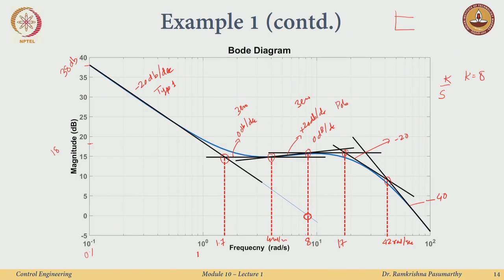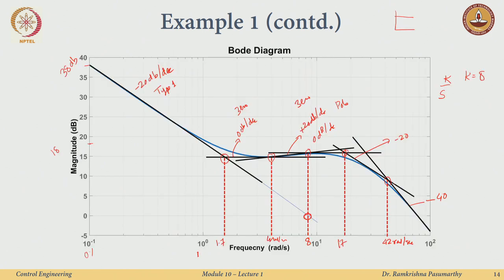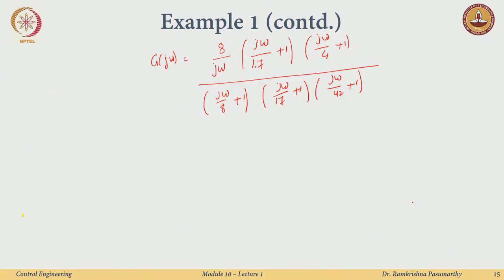Where the slope now decreases from plus 20 to 0, therefore I encounter a pole here, j omega over 8 plus 1. Similarly, I have another pole at 17 and another pole at j omega by 42, at 42, where the slope now becomes minus 40 decibels per decade.